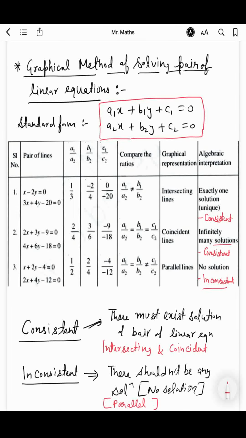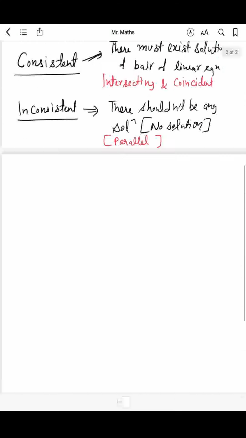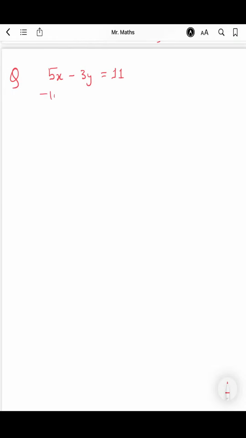Let us take one example to understand this. First of all, see the example, try to solve it, and then infer. You are given a pair of linear equations: 5x minus 3y equals 11 and minus 10x plus 6y equals minus 22.